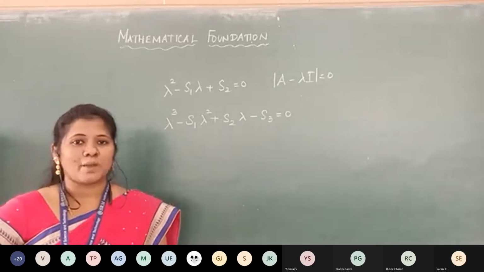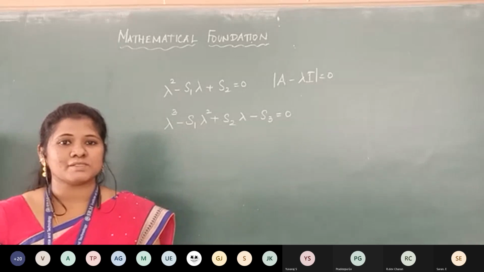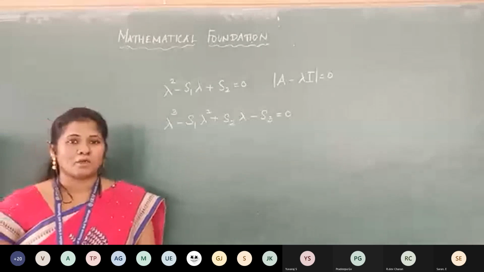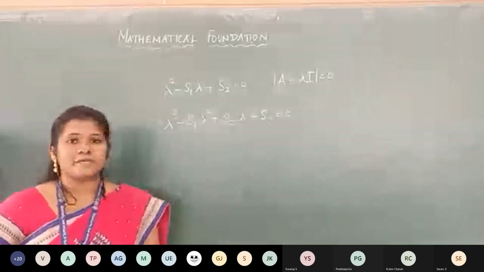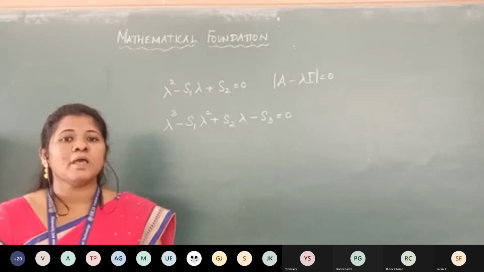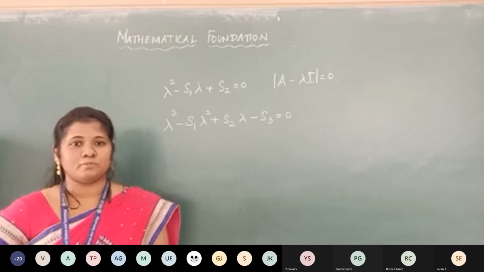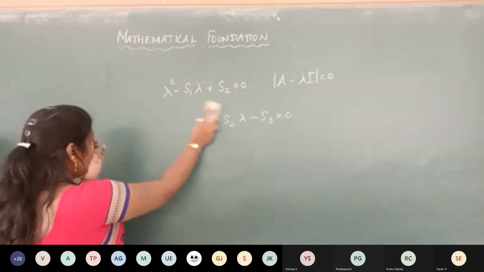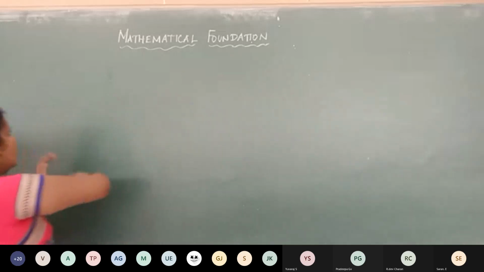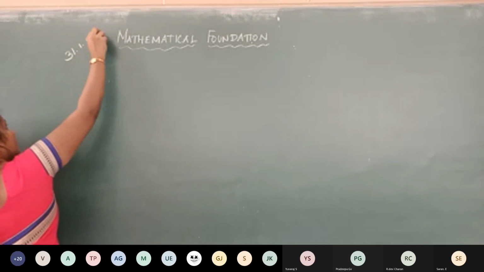That is the statement of your Cayley-Hamilton theorem, which is very, very important. In that, we had found out the verification of the Cayley-Hamilton theorem. Next, we will go on to A inverse and finding out your A power 4. So I don't think anyone's got any doubt in the characteristic equation and the verification of the Cayley-Hamilton theorem.